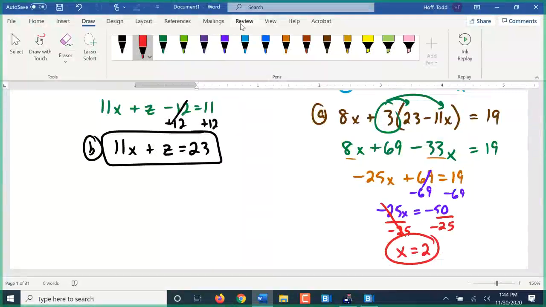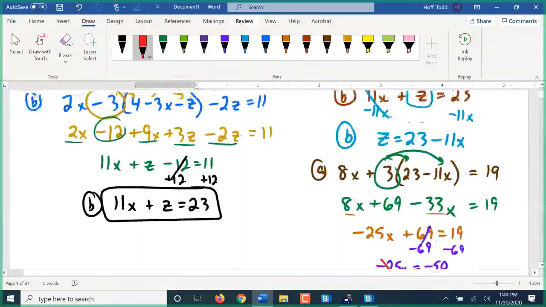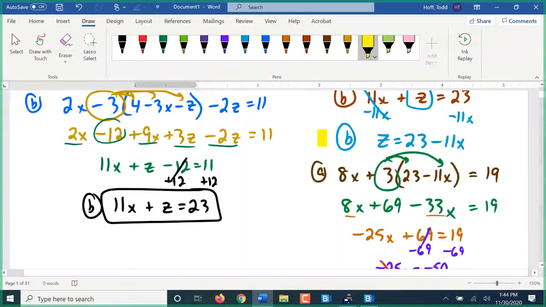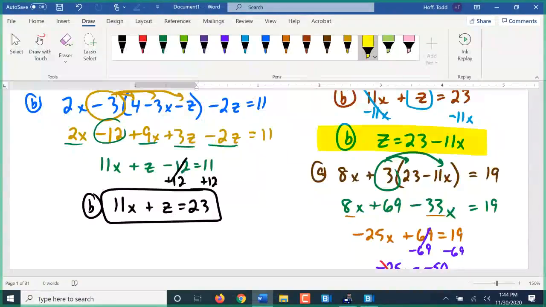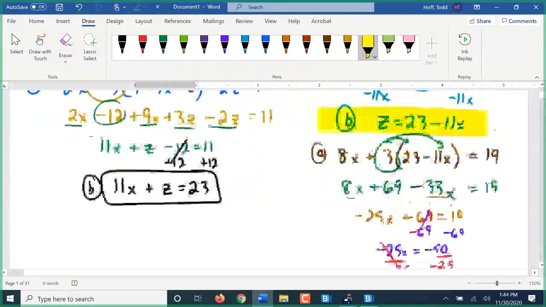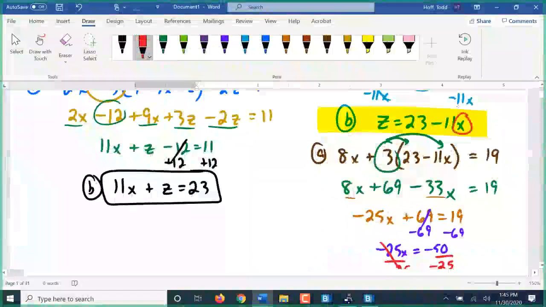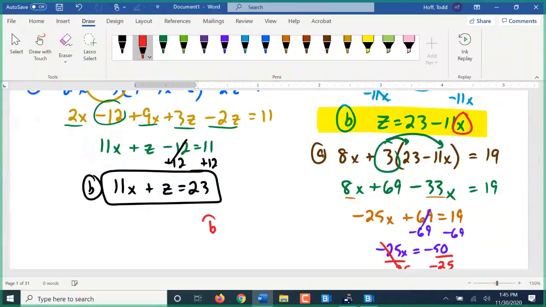Now, fortunately, one of the advantages of this substitution method is it makes it really easy to find the other two. We go back up here. We have this equation B here that is solved for z. So now that I know x, I can put the 2 in for that x, and I can get z rather quickly.